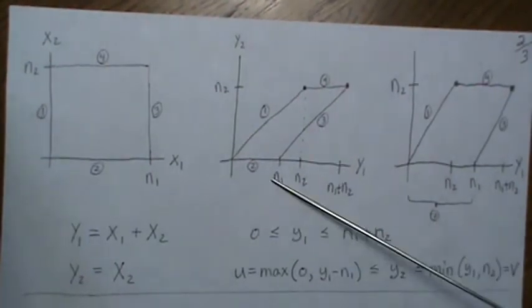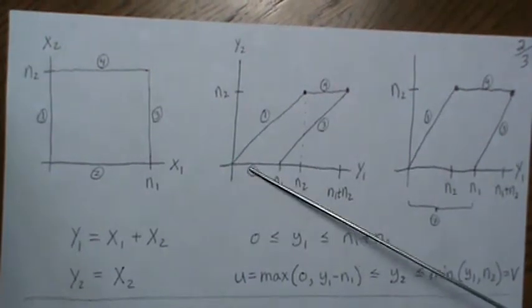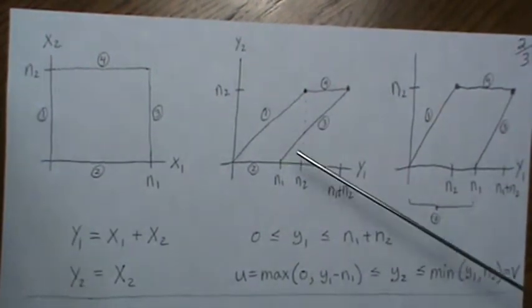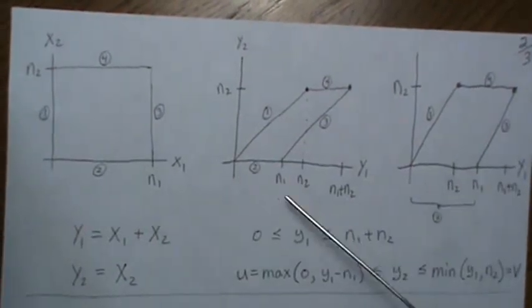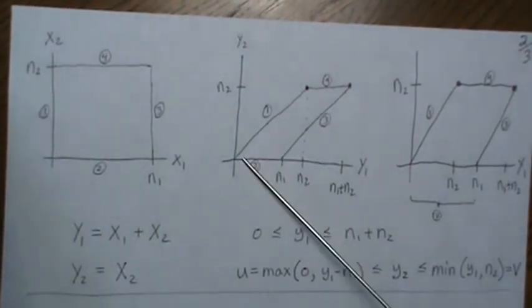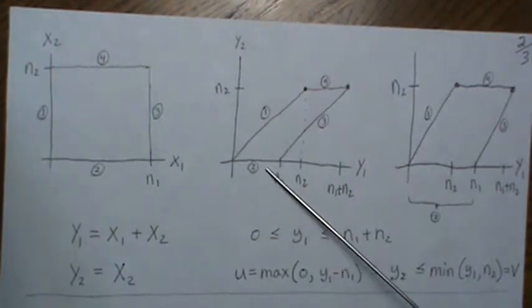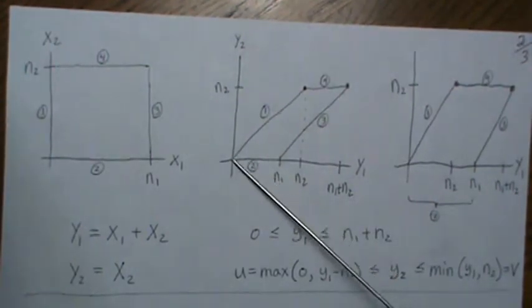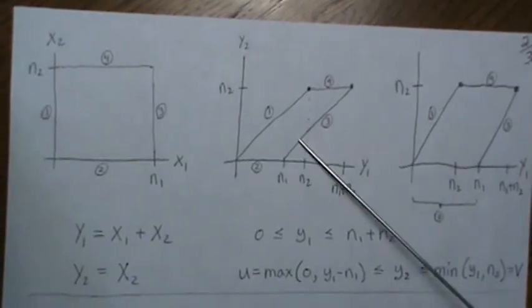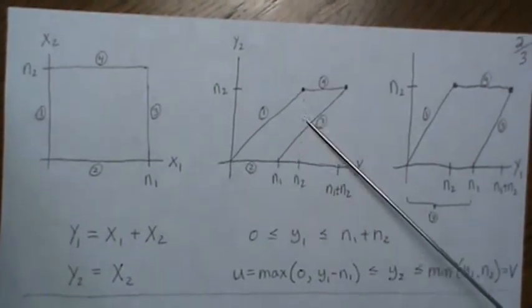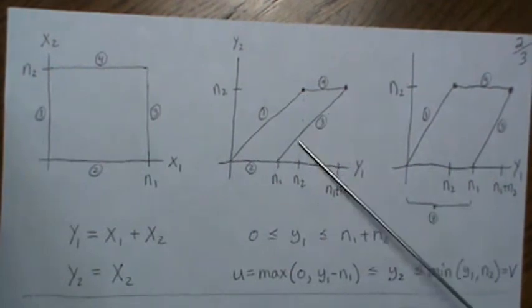So now here we have, we'll do the below boundaries. And I'm just going to look at this one, but it's really the same as this. So this line here is Y2 is 0. And this line here is Y2 equal to Y1 minus n1, okay?